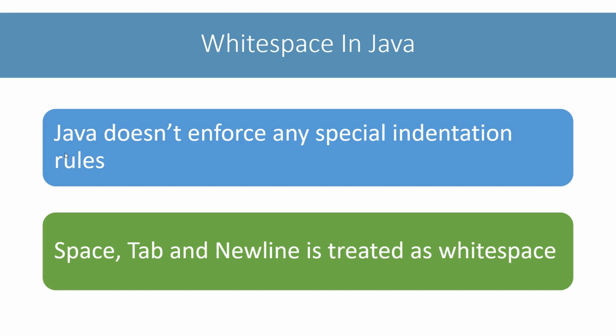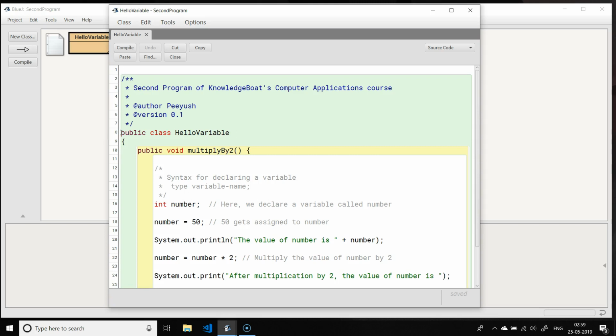Before starting our discussion on tokens, let's first understand how Java handles whitespace. Java is a free-form language. It doesn't enforce any special indentation rules for its programs. Let me show you what I mean by this. I will remove all the whitespace and write this program on a single line.